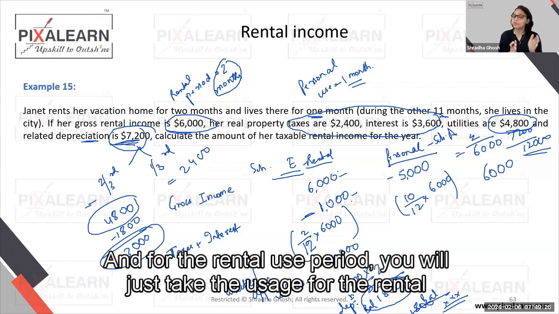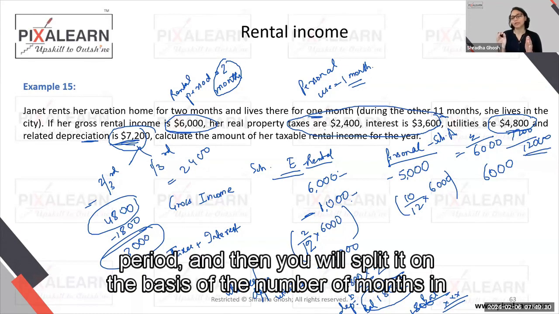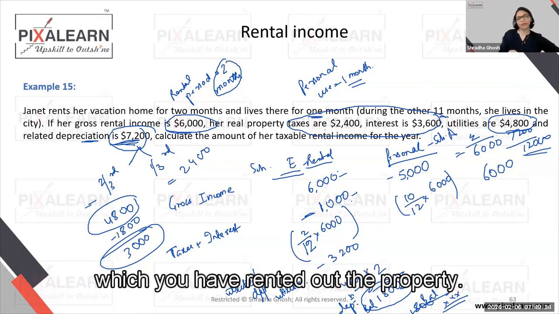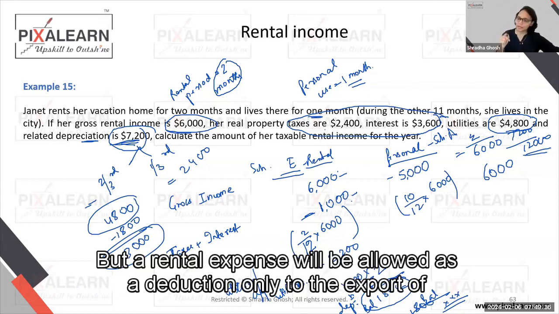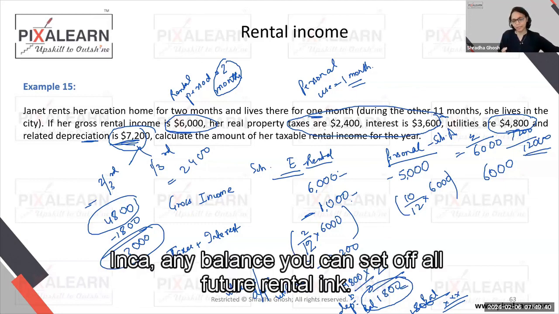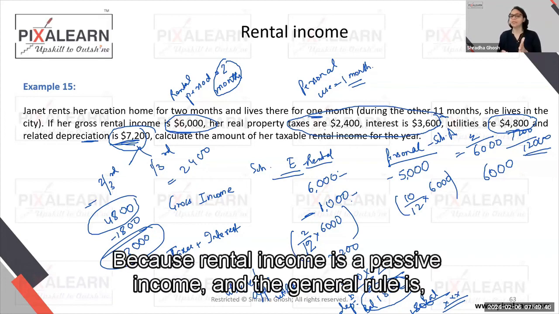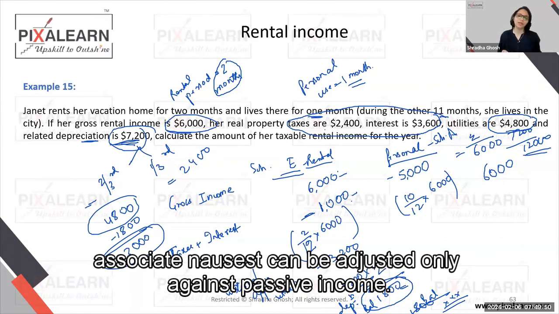For the rental use period, you will split it on the basis of the number of months in which you've rented out the property. But a rental expense will be allowed as a deduction only to the extent of rental income. Any balance you can set off against future rental income. Why? Because rental income is a passive income, and the general rule is passive losses can be adjusted only against passive income.